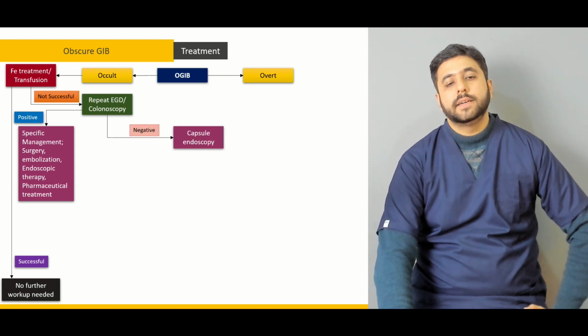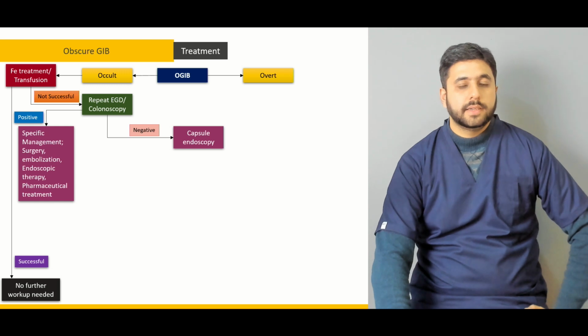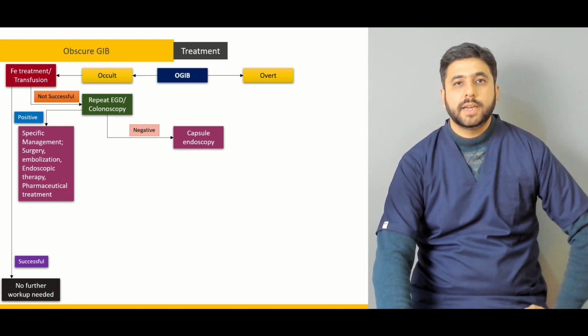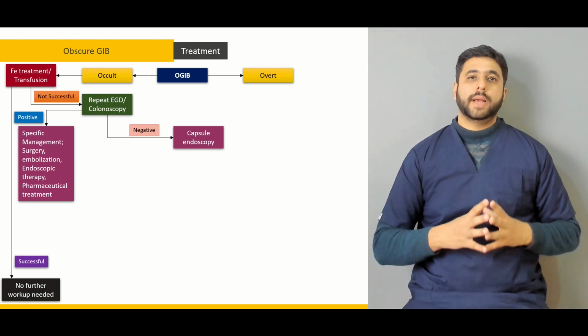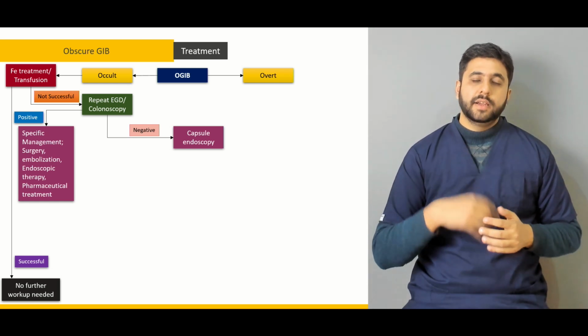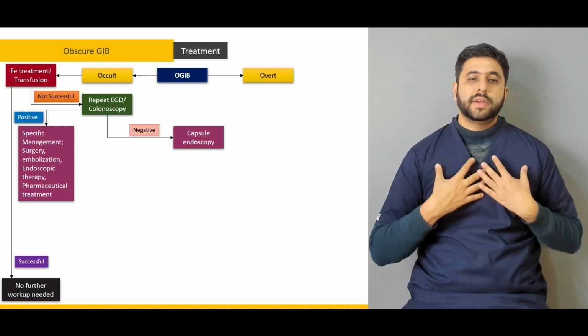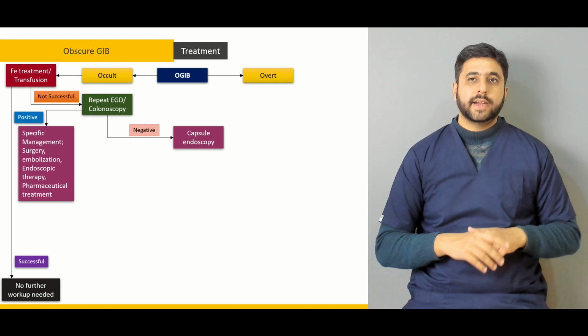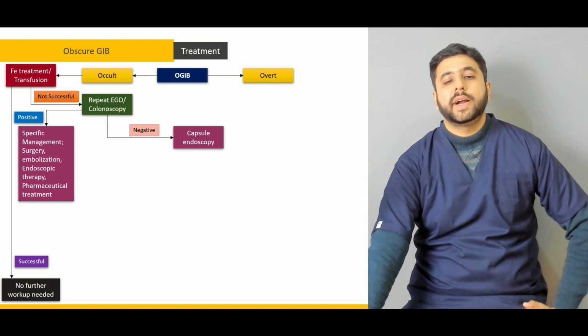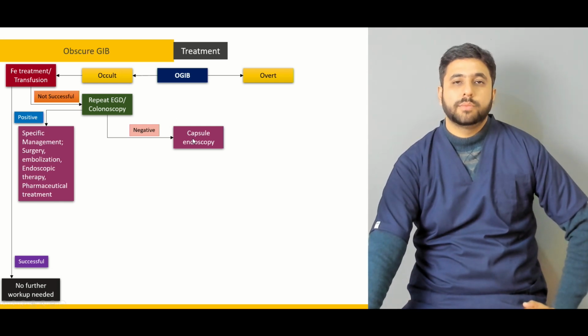Now we have again done the endoscopy and the colonoscopy, and this again comes out negative. We are unable to find the site of bleeding. Then we do a procedure called capsule endoscopy. We make the patient ingest a capsule, and this capsule goes all the way from your upper GI to the lower GI tract. This is specifically helpful in finding the cause of bleeding in the small intestine.